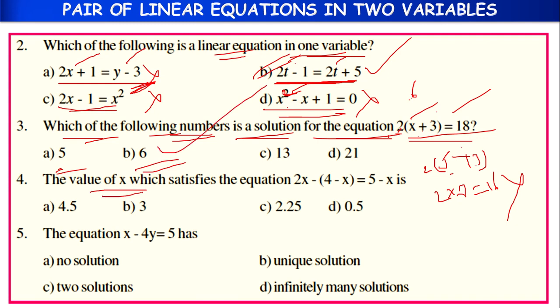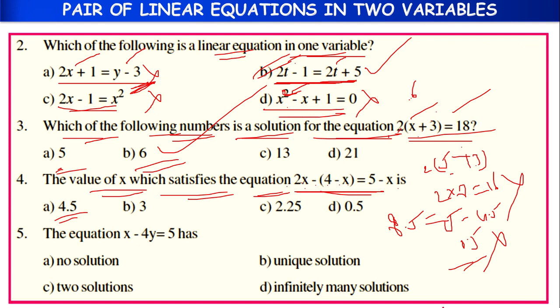Next, the value of x which satisfies this equation. Option A is 4.5. 2 into 4.5 is 9. 4 minus 4.5 is minus 0.5. 9 minus minus 0.5 is 9.5. Wait, it gives 8.5, so 8.5 equals 5 minus 4.5, which is 0.5.